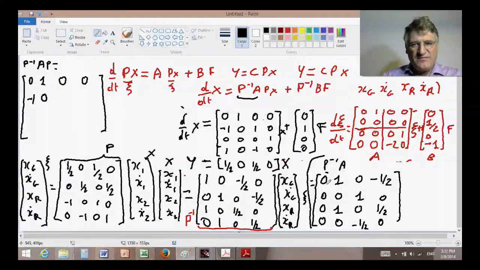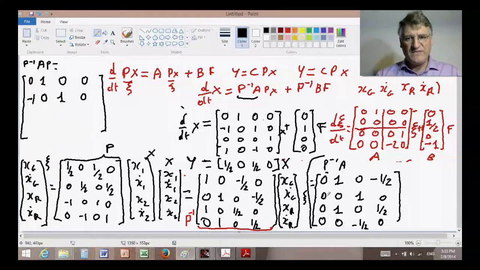Third entry, 0 times 1/2 plus 0 times 0 plus 1 times 1 plus 0 times 0, 1. Last entry, 0 times 0 plus 0 times 1/2 plus 1 times 0 plus 0 times 1, 0.